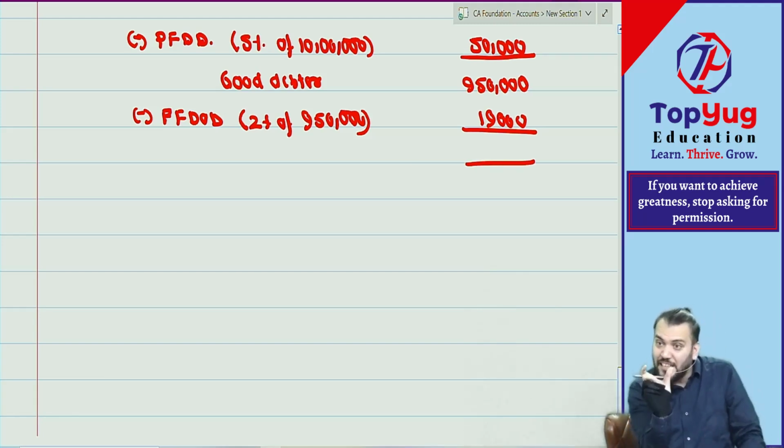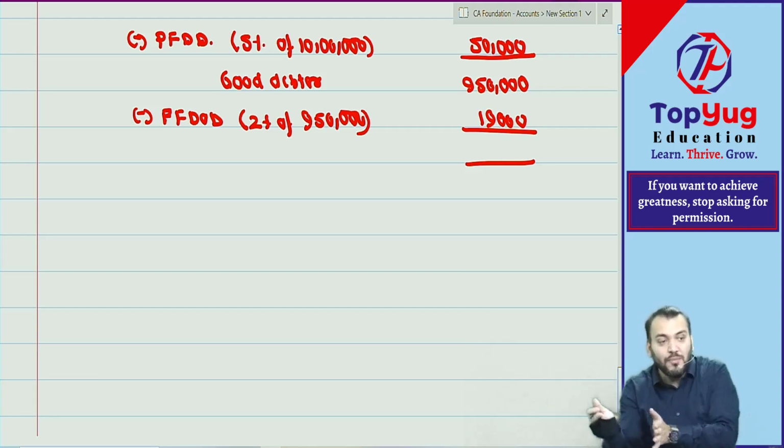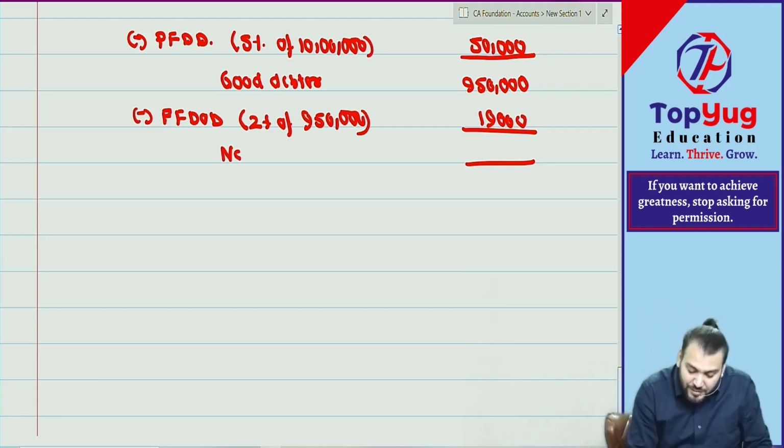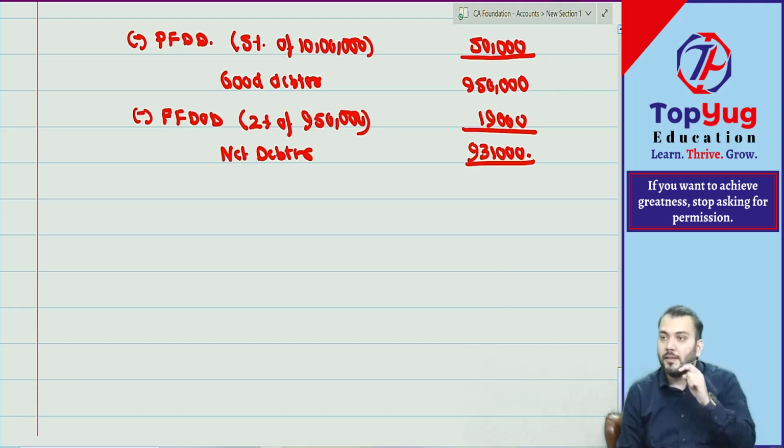Net debtor means amount to be shown in the outer column of balance sheet. So net debtor. Have you understood this point? What is this amount? 9,31,000. Correct. Have you understood this point?